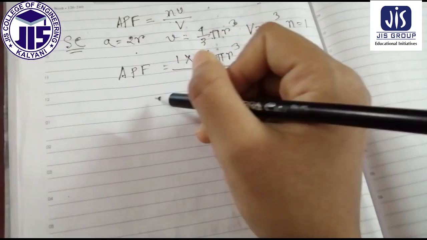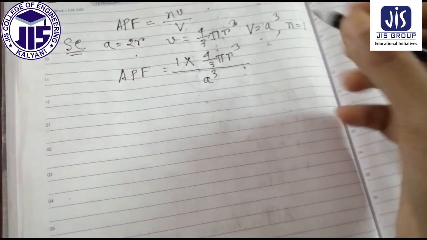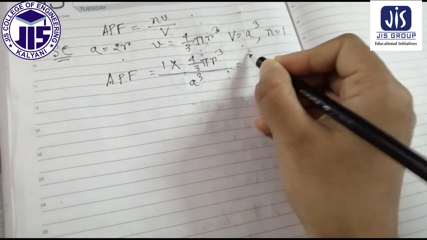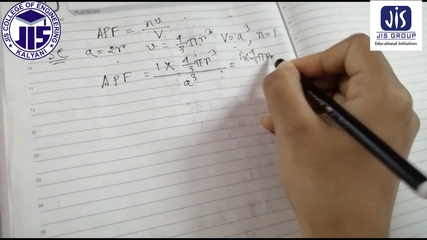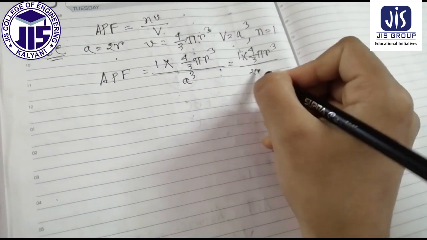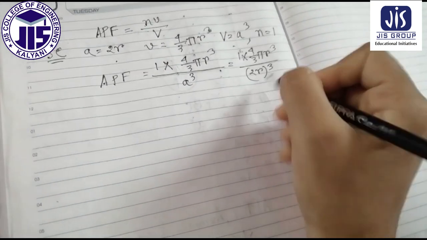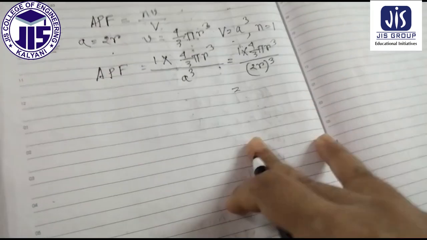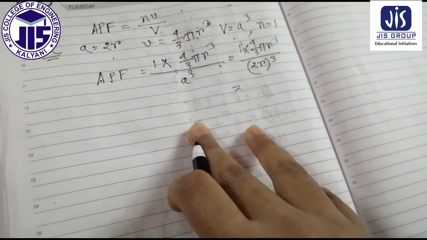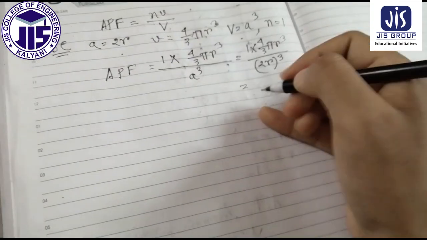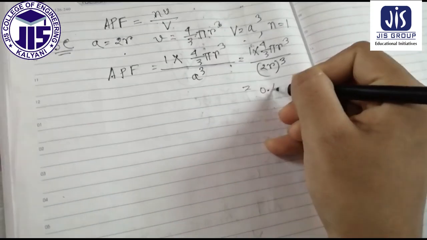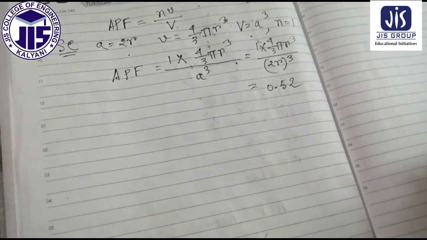We already know a equals 2r. So 1 into 4/3 pi r cube divided by 2r whole cube, that is 8 r cube. If we do the full calculation, then the answer will be 0.52.